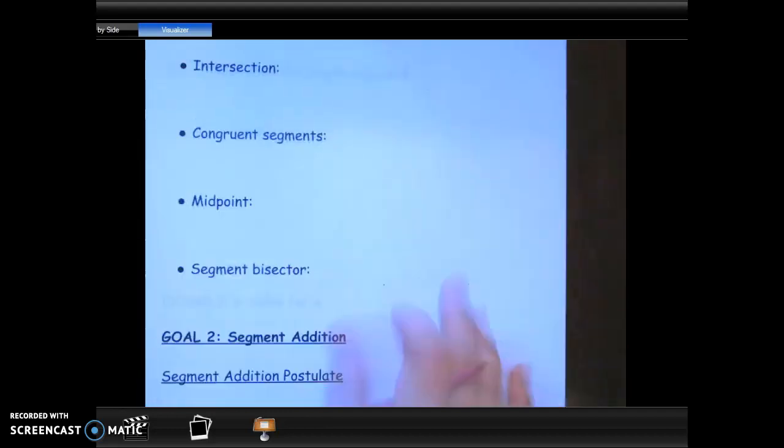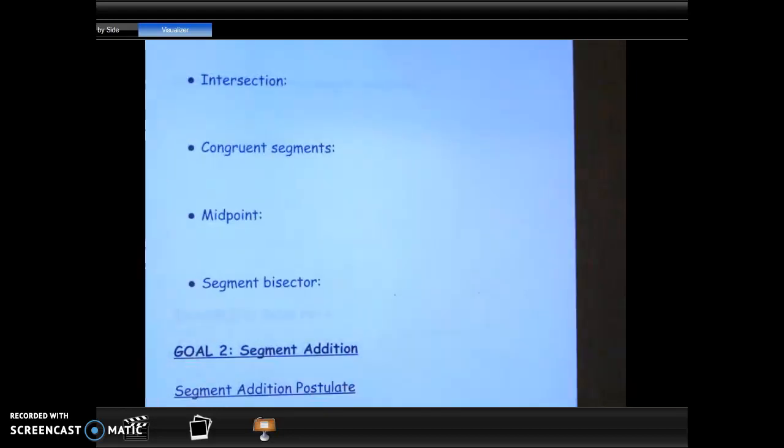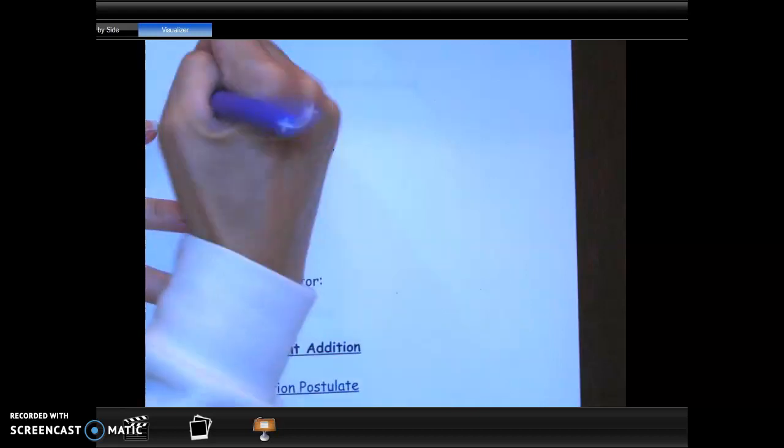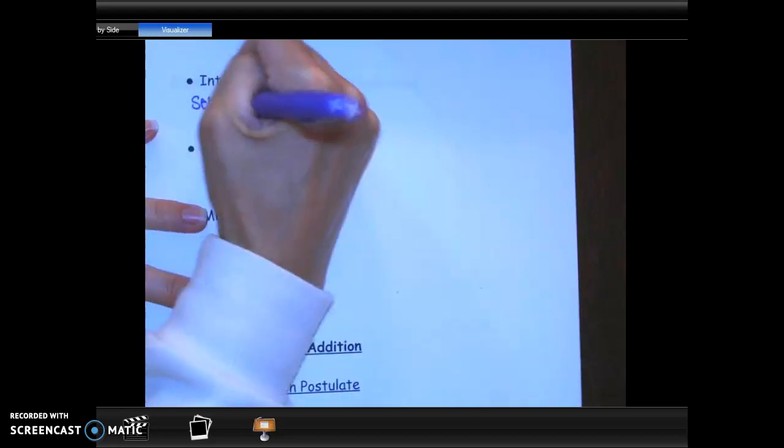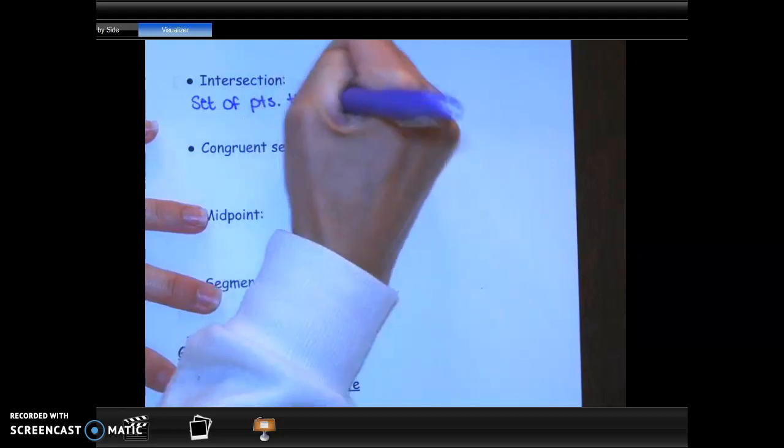Ooh, almost done with goal 1. All right, intersection, this is the set of points that figures have in common.